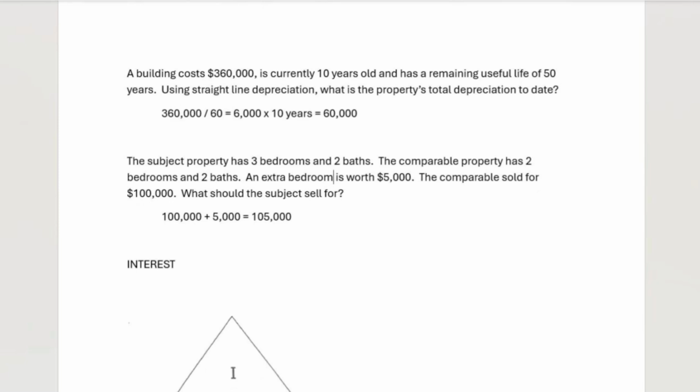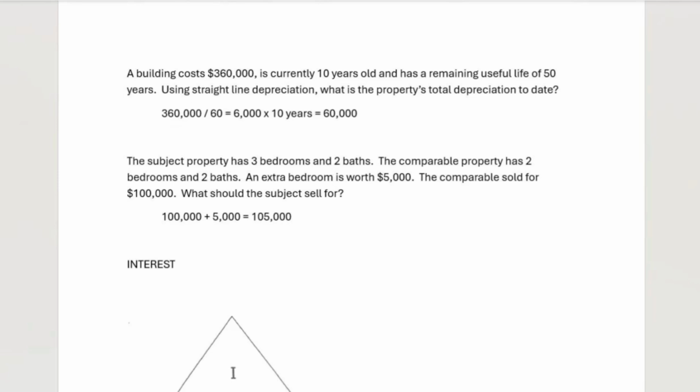Using straight line depreciation in this next problem, we have a building that costs $360,000, and it's currently 10 years old, and it has a remaining useful life of 50 years. So the total useful life on this property is a total of 60 years, because it's already 10 years old, it has another 50 to go.